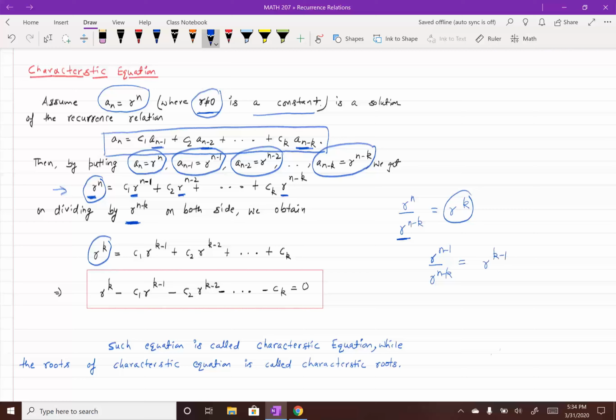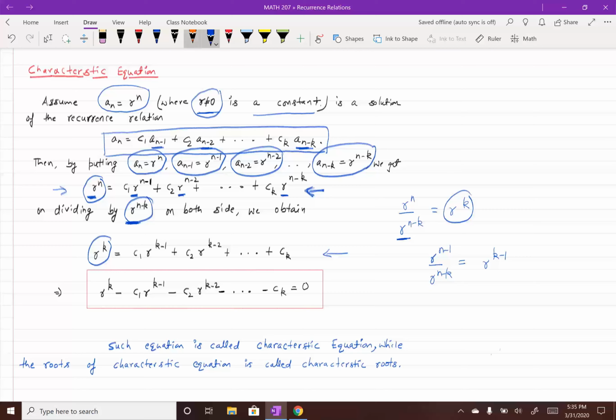You keep doing the same thing, and once you divide this equation by the r to the power n minus k term, the equation will change to this form. If you take the right hand side to the left side, then this equation is nothing but r to the power k minus c1 r to the power k minus 1 minus c2 r to the power k minus 2 all the way up to minus ck equal to 0.